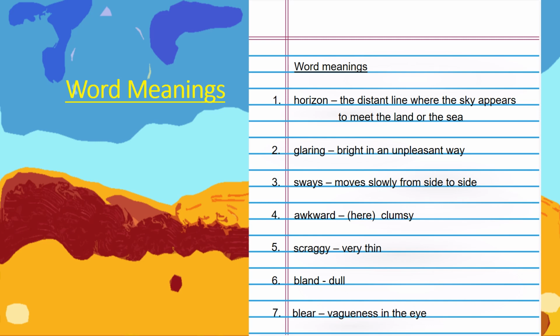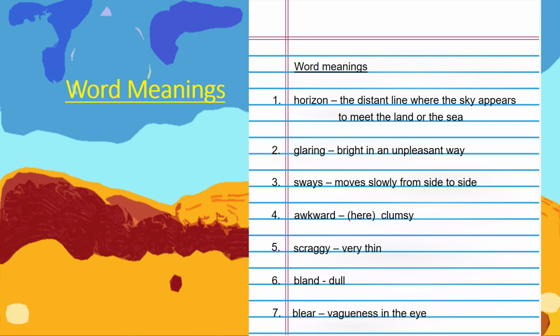Number 4, awkward. Awkward. The meaning of the word awkward in this poem is used as clumsy. Clumsy. Something which is not very neat or perfect. Number 5, scraggy.